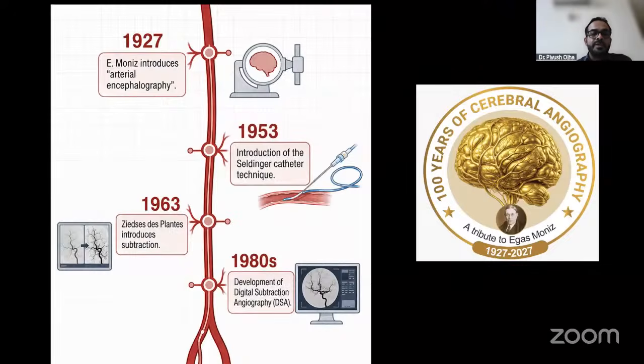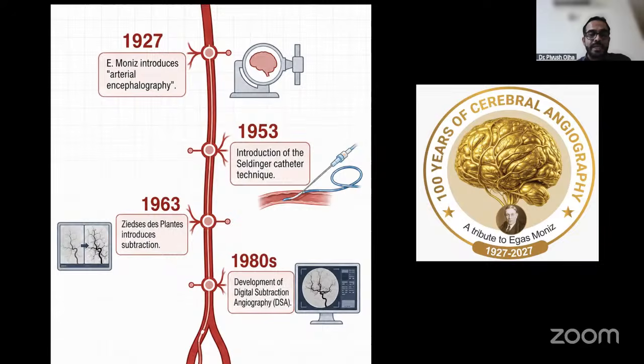In 1953, the Seldinger catheter technique was first used, which was very helpful in arterial cannulation. Then in 1963, Plantes introduced subtraction, followed after the 1980s by the development of digital subtraction angiographies. Since then, there has been a lot of advancement in the field.